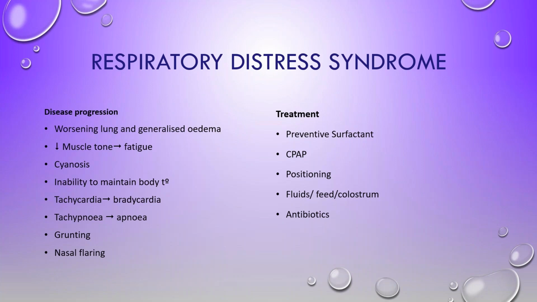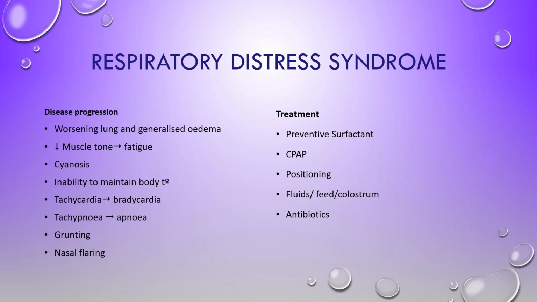Remember that newborn babies, so up to 28 days of life, actually don't develop pyrexia. They become cold, so their temperatures drop. Tachycardia initially, but if the reserve is used up and the baby is becoming end-stage shocked, they will become bradycardic. The same with tachypnea. They can end up being apneic. They'll start with the odd apnea, and the apnea will just worsen and worsen and worsen.